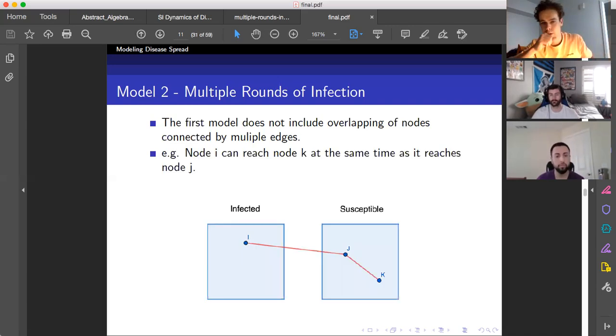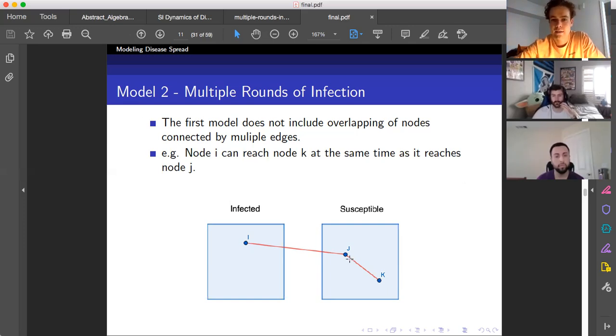For example, if you have node I right here, which is infected, and that connects to node J, which is susceptible, and then J connects to node K, which is also susceptible, then you have an overlap in nodes.